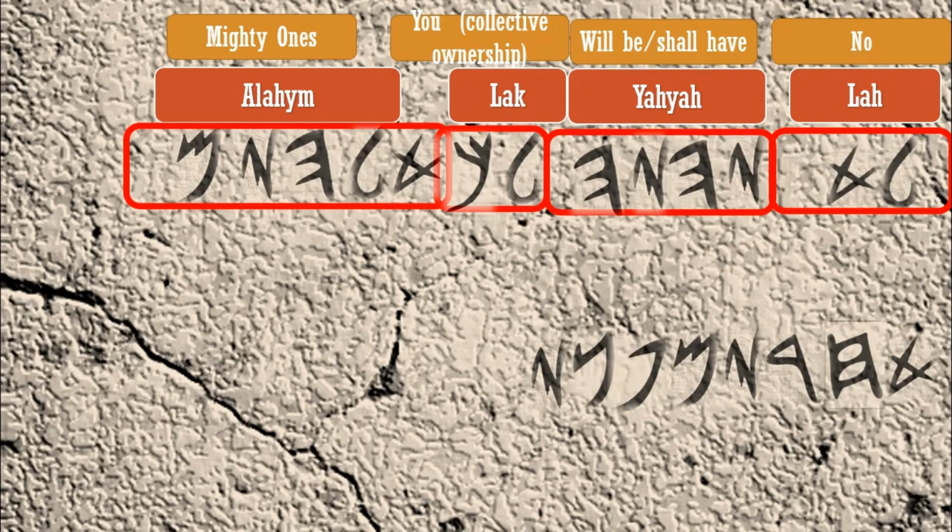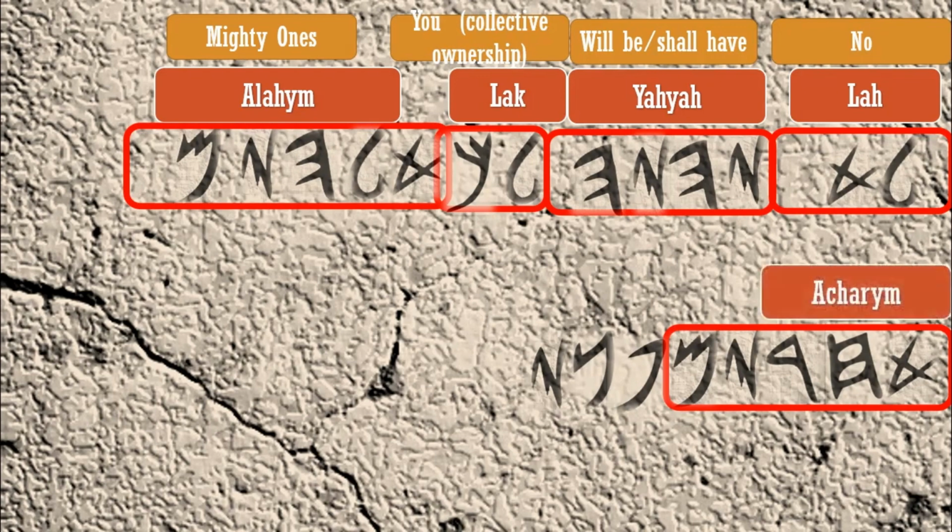But in this context, it is not speaking to the greatness of something, but it is speaking to more than one gods or mighty ones. Alaim. The next word is Alaph, Chat, Rash, Ya, and Mem.